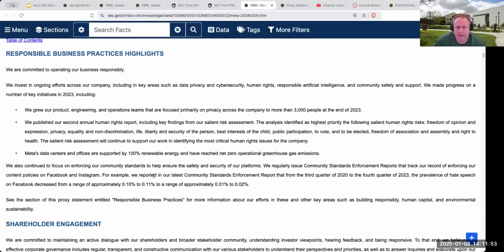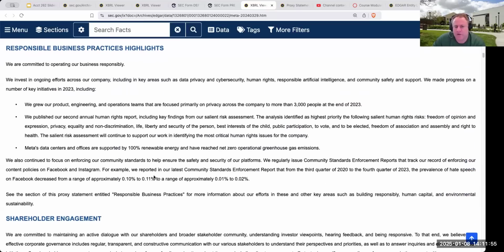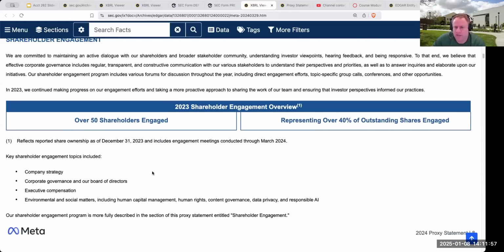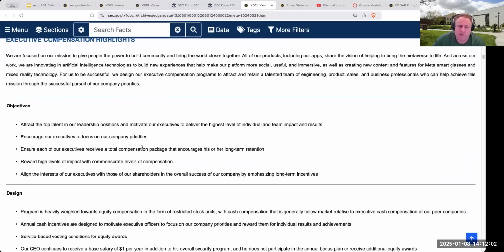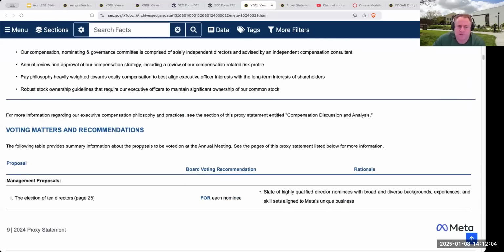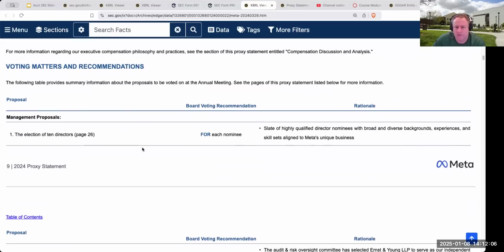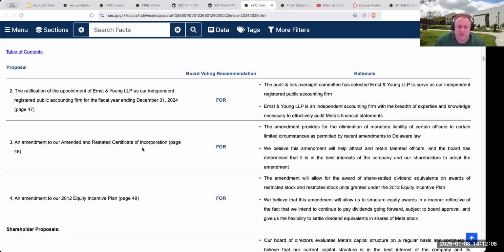Also notice here too that I was reading something else that they may require the board members to hold a certain number of shares. So as we kind of come over here, executive compensation highlights, and then how do you go through over here and look at this? And then these are how the board is.